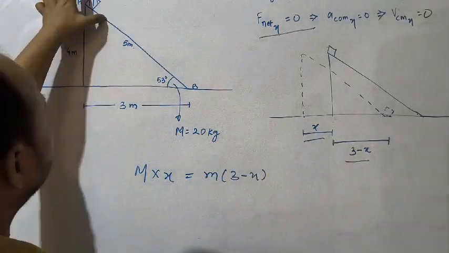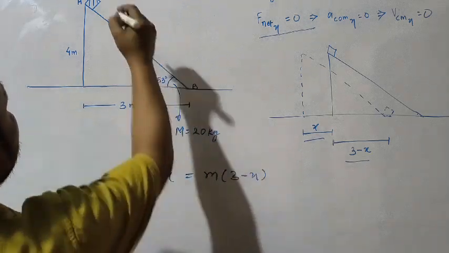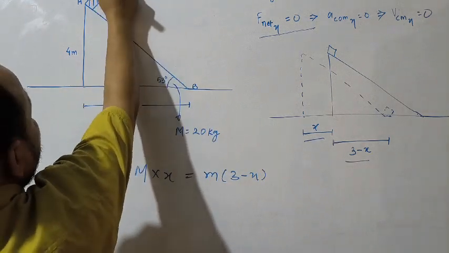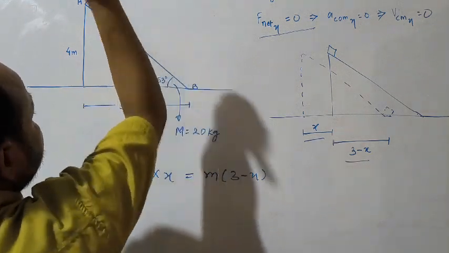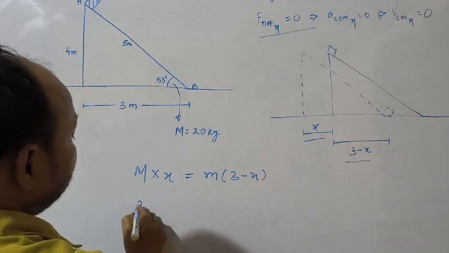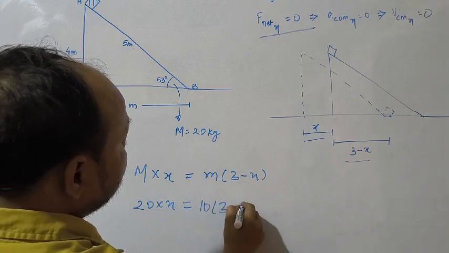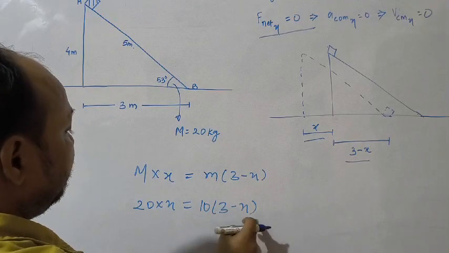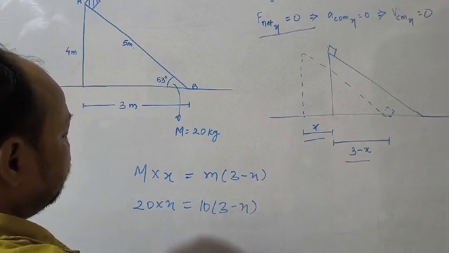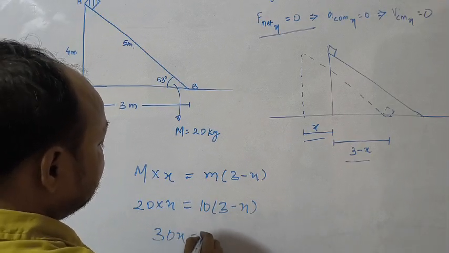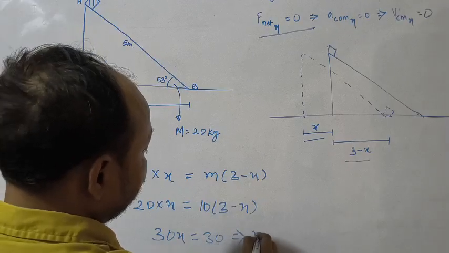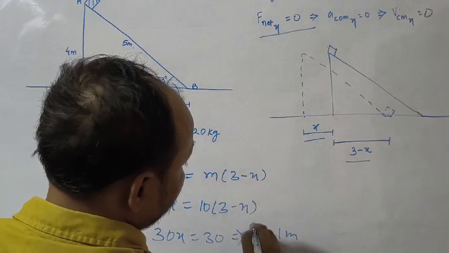How much is the value? Let's say M is 10 kg, okay. So 20 kg into x is equal to 10 into 3 minus x. Now 30x is equal to 30. This implies x is equal to 1 meter.